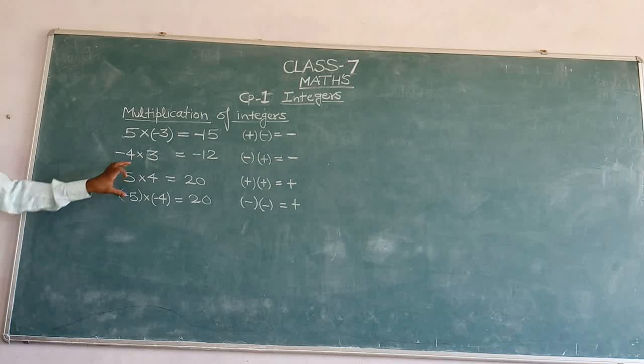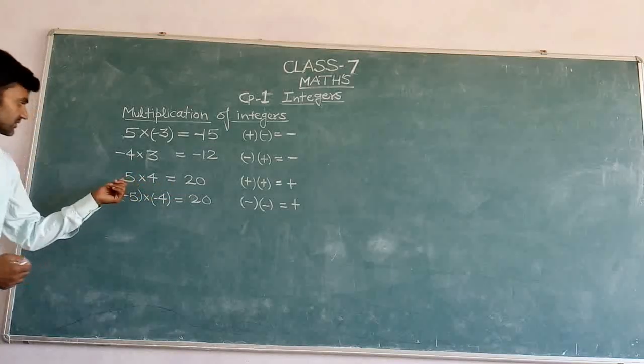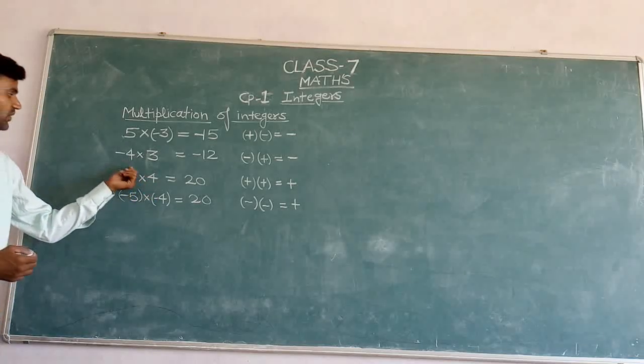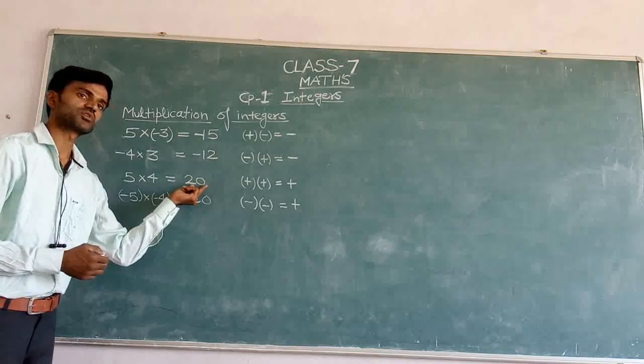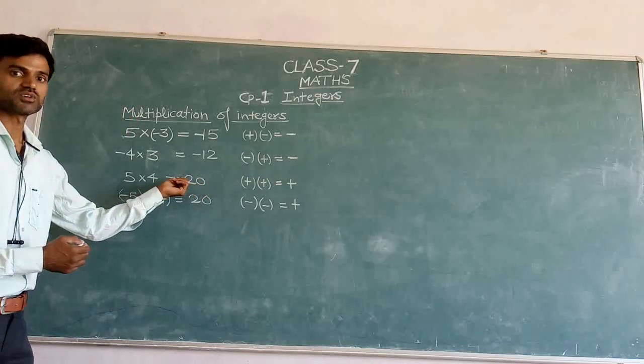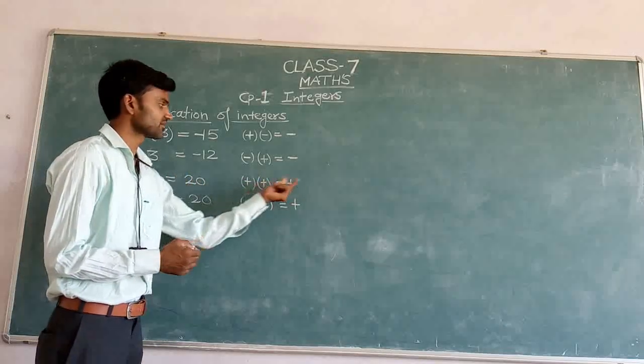But when we multiply integers having the same signs, like 5 and 4, both positive, 5 into 4 is equal to 20, and the sign of 20 is also positive. So positive and positive make a positive.